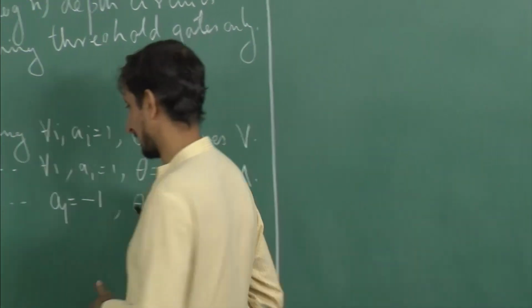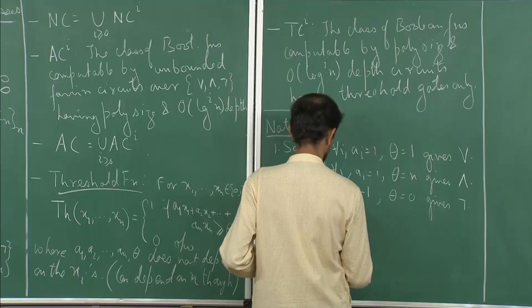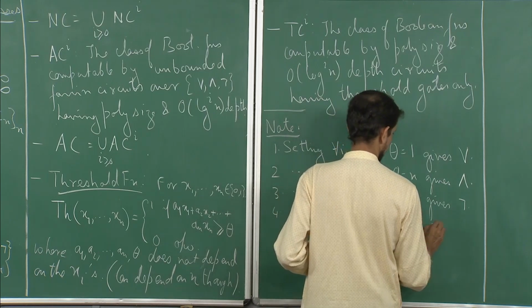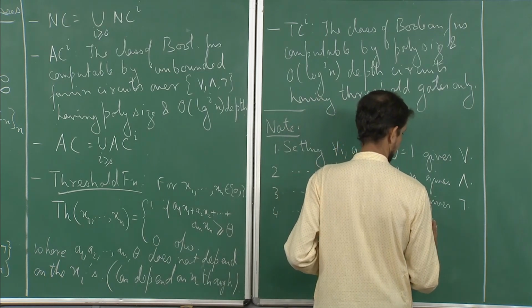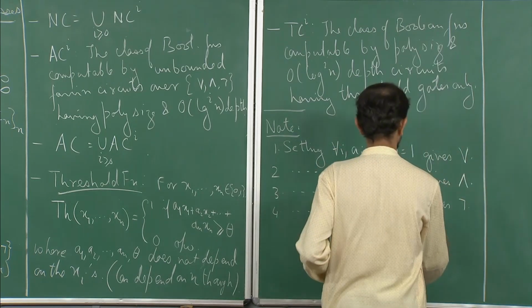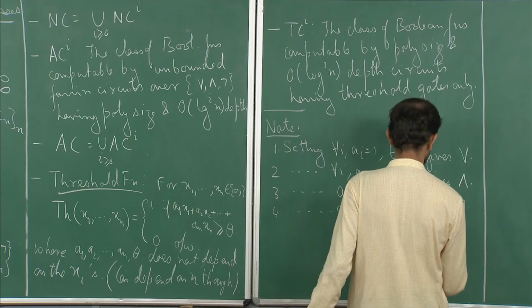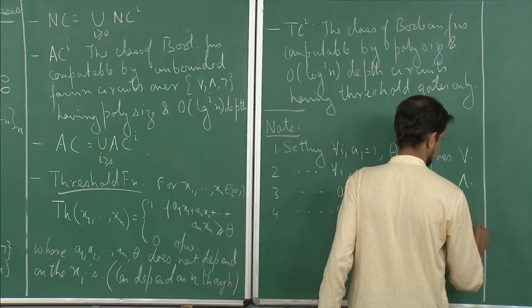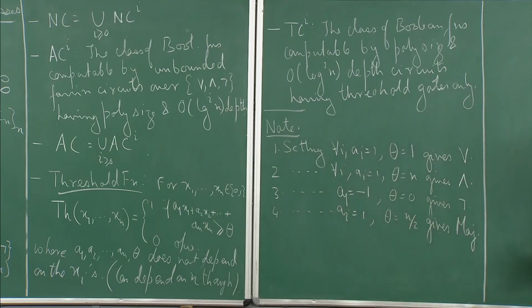Okay. Again it's simple, so you set all the ai's to be 1 and theta to be n by 2. That gives you the majority function.